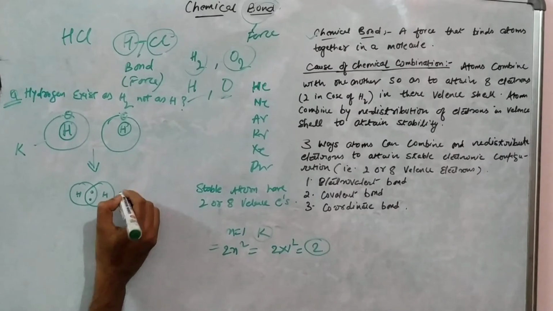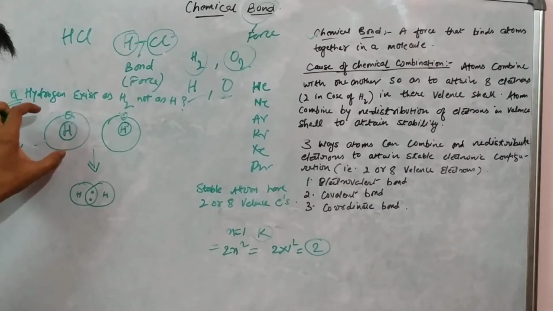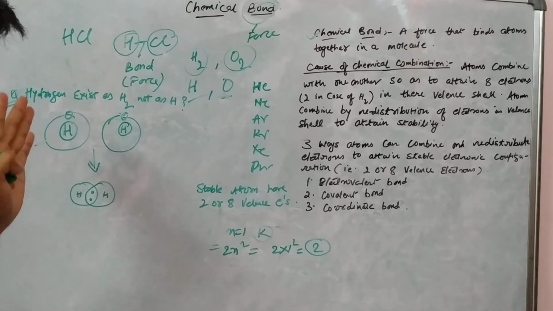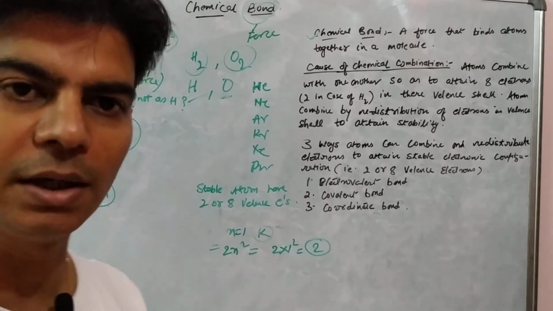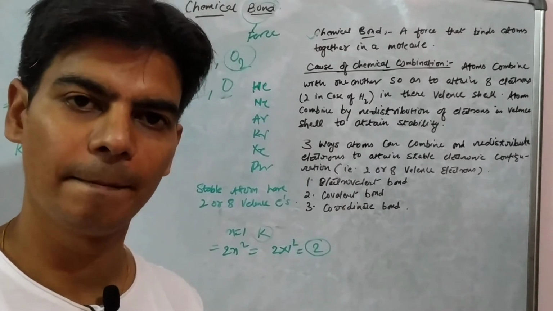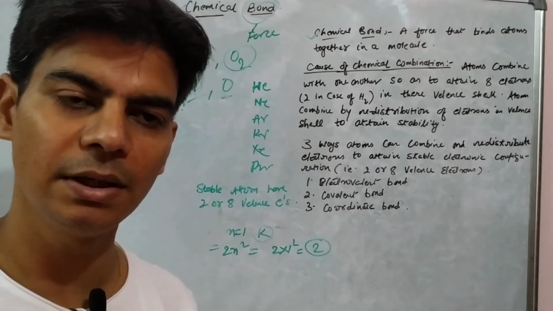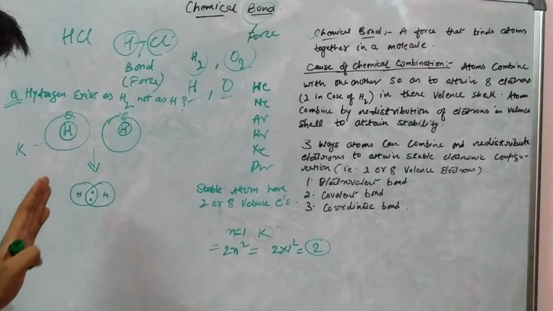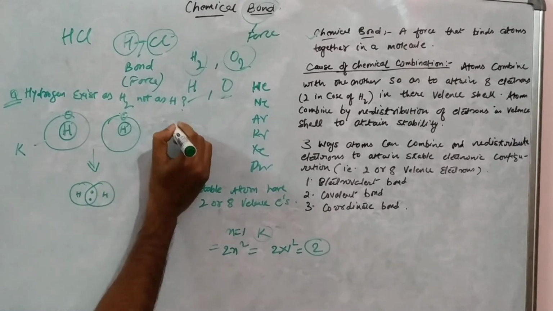So that is why this hydrogen atom cannot exist independently. Because a hydrogen atom has only 1 electron, it is unstable. Due to its unstable nature, it is always found in its molecular form, H2.